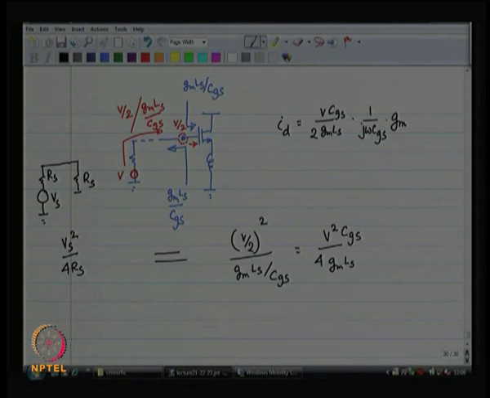So, really this 4 is going to cancel with this 4 and Rs is going to come on the top. So, Vs squared by V squared equals Rs times CGS by gm times Ls, right. So, Vs is equal to V times square root of all of the above.